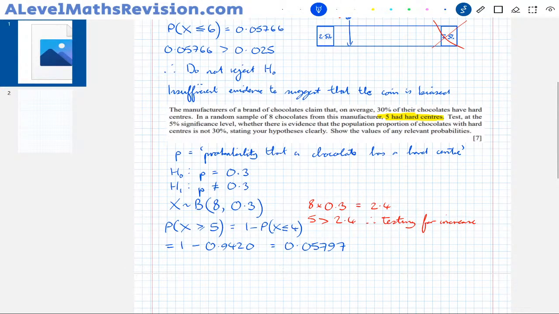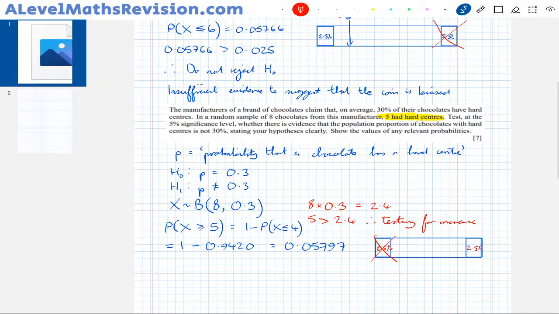Remember though, we have to split our significance level between both tails in order to get the marks. And everything I've written in blue is required to get the marks. So 5% significance level, that's 2.5% on each side. And remember, we discarded that one.